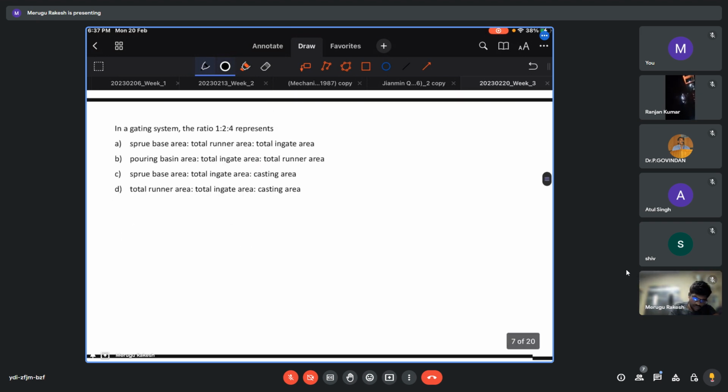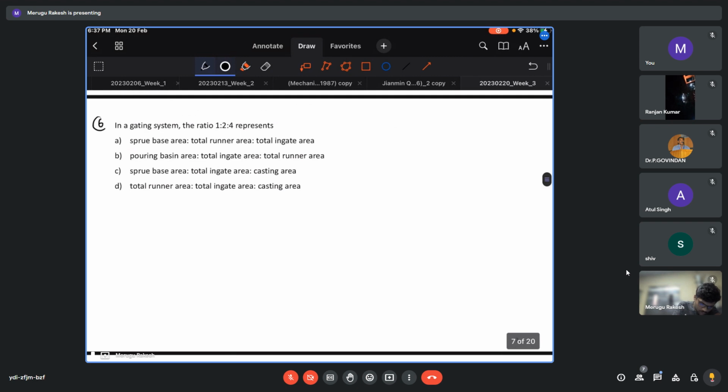Let's go ahead. So this is also something related to gating ratio. So let me ask you one question. What is this gating ratio?